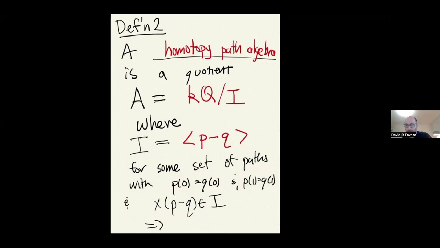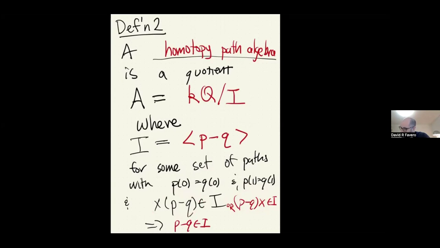So if you had x times p minus q in I, then p minus q should be in I. And it should be right cancellative as well. So it's left and right cancellative, which is just forced by the fundamental relations in the fundamental groupoid.